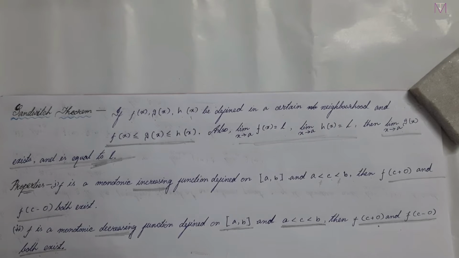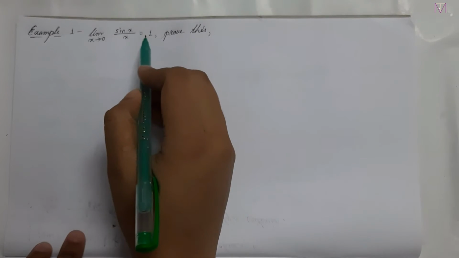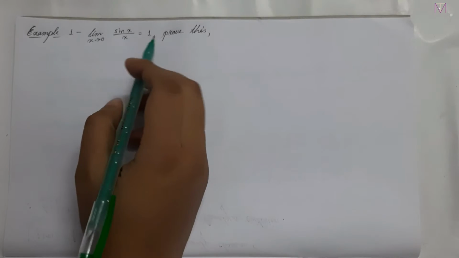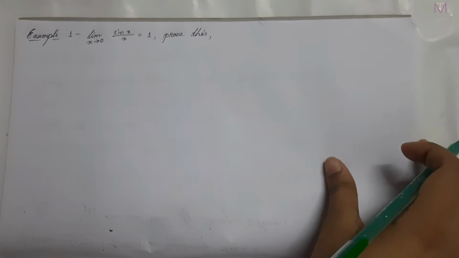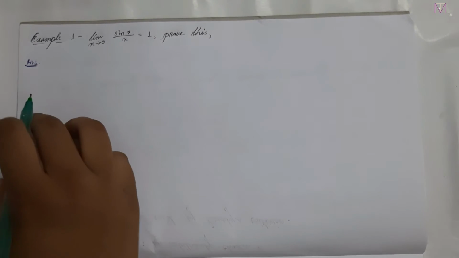Now we will go to some examples. This is the question: limit as x tends to 0 of sin x by x equals 1. Prove this. Now, how will we prove this? Here, what is f(x)? This one is f(x).